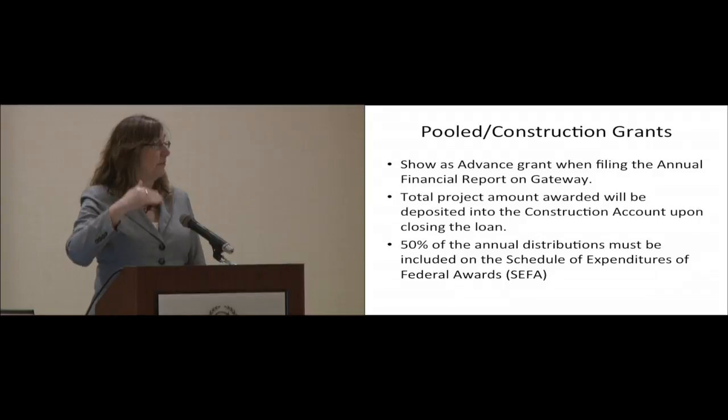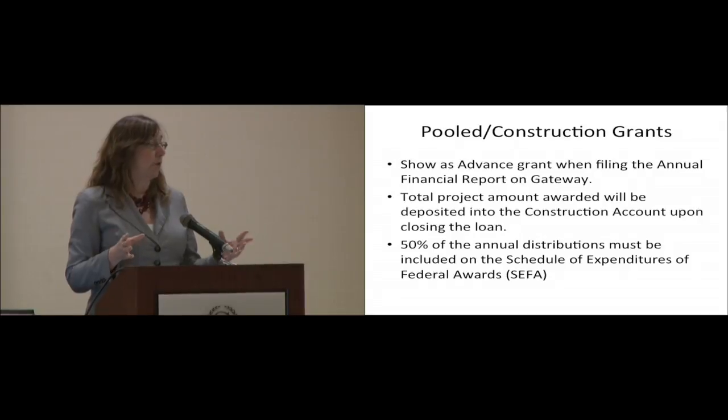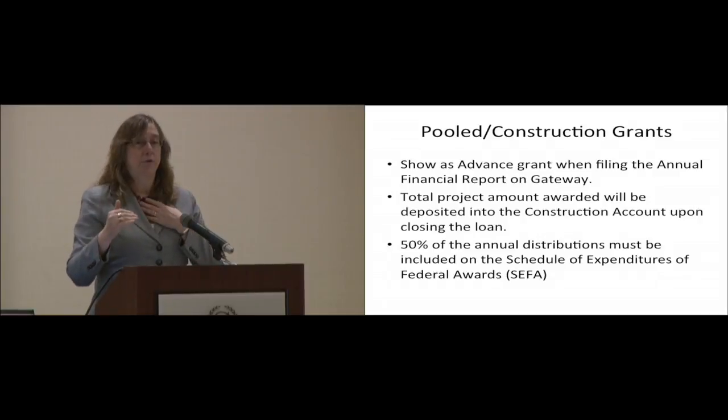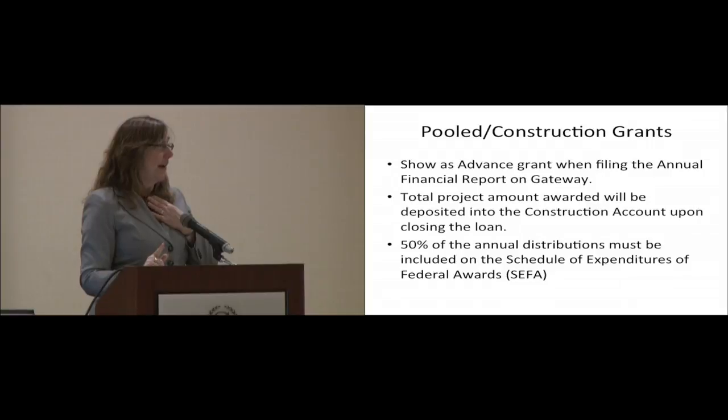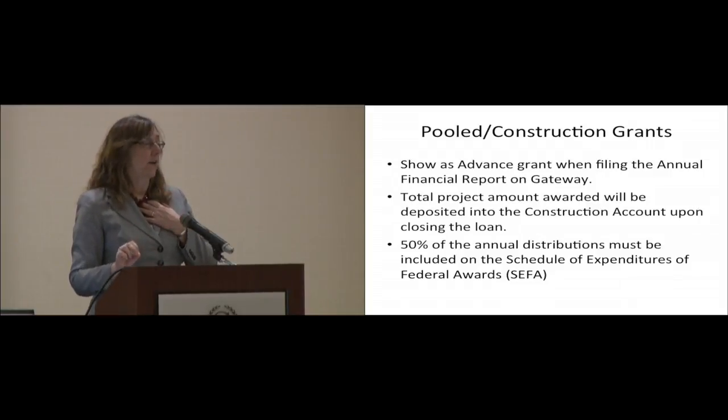And so you're going to have disbursements each month where your vendors are being paid for the project work that they have done. In that case, your draws are not going to equal. You're going to have one upfront payment, and then you're going to have your draws out until the project is completed. But it's still an advance grant, and it's still 50% of the total disbursements for that year that need to end up on your SEFA.